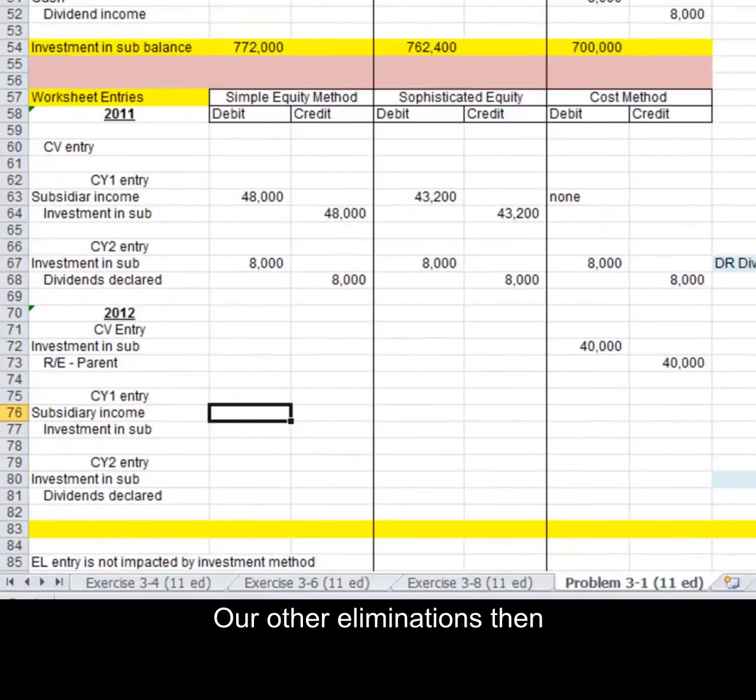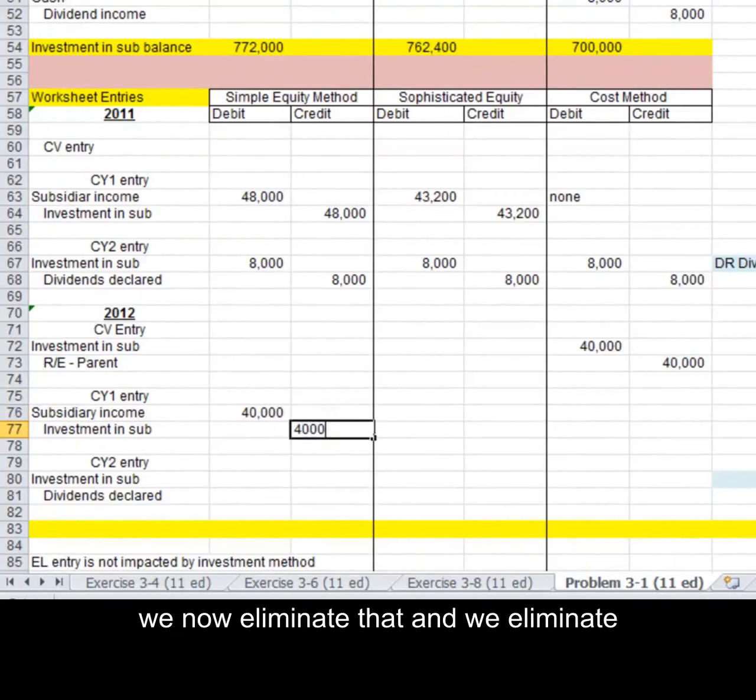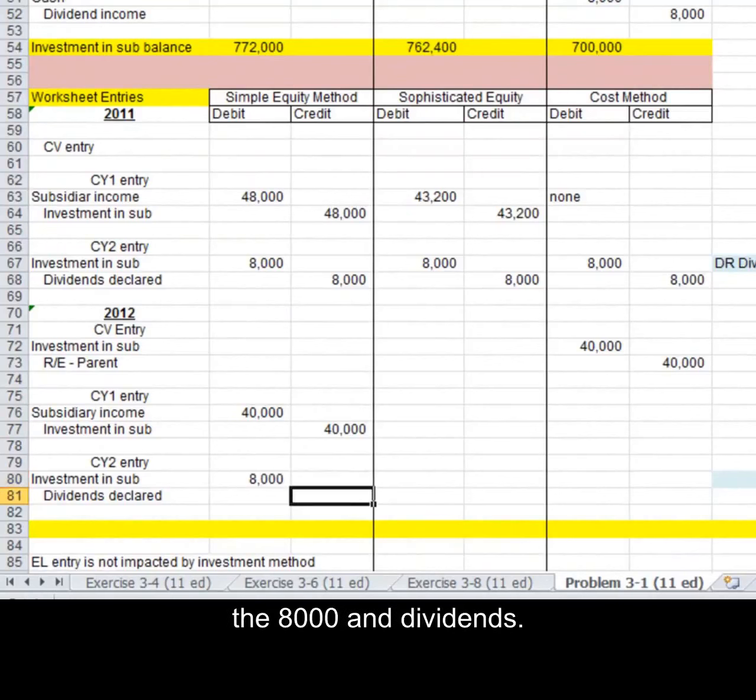Our other eliminations then just mirror what we had up above. So if we had 40,000, we now eliminate that and we eliminate the 8,000 in dividends.